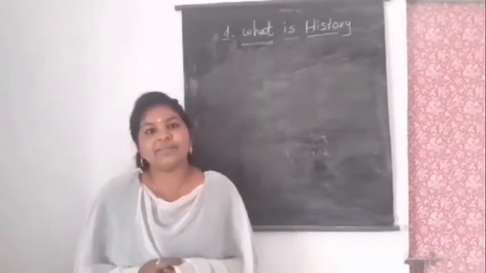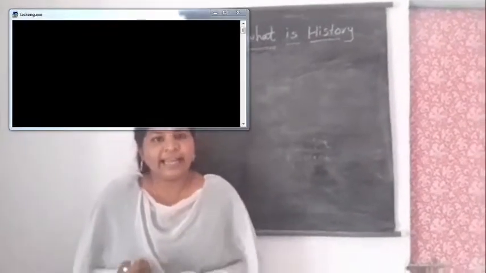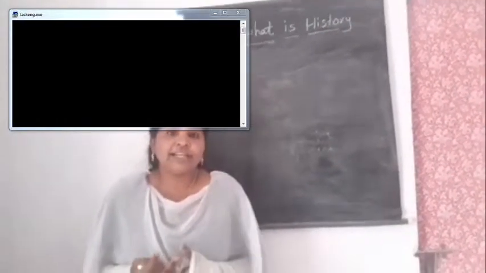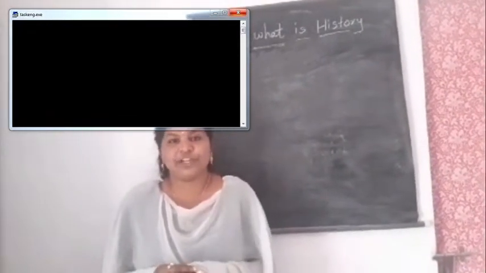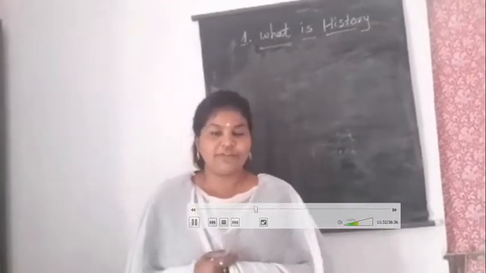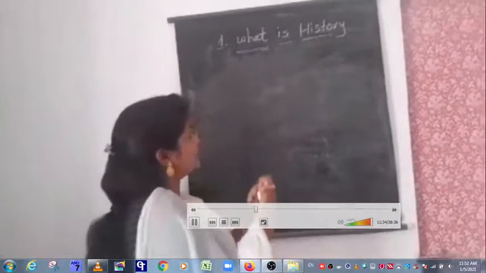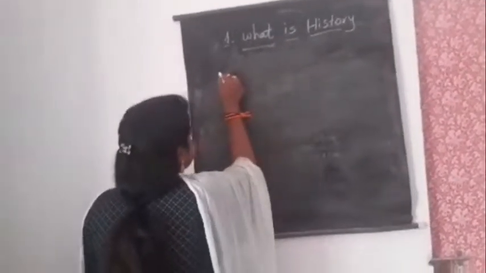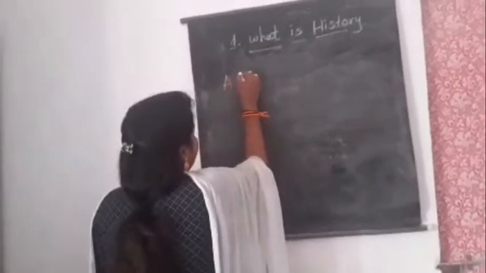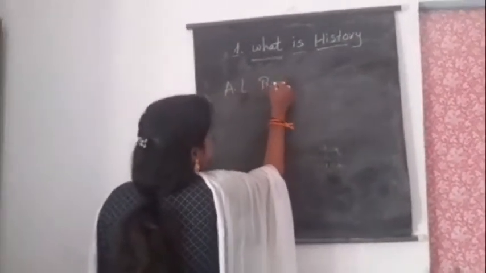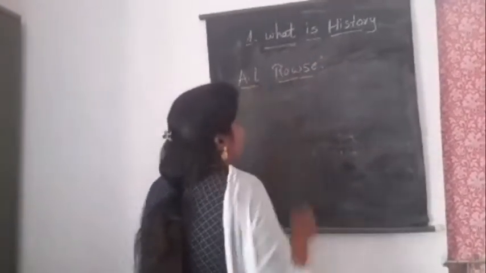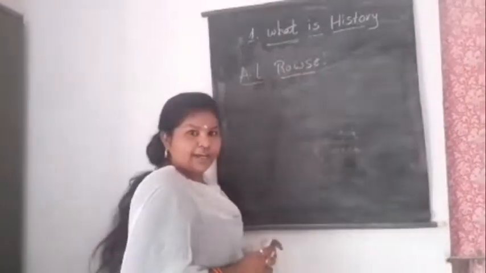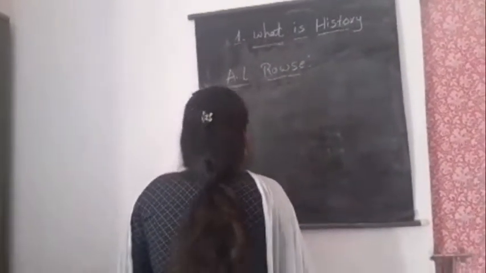And some writers, some historians say like A.L. Rowse and Herodotus. Okay, what do they say about history? Look at the chart, all of you. A.L. Rowse's words. He was a great historian. And what did he say about history?